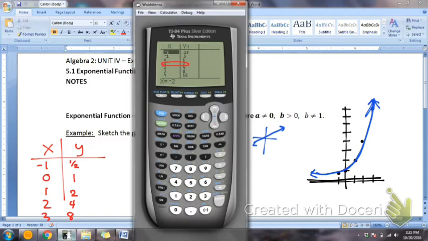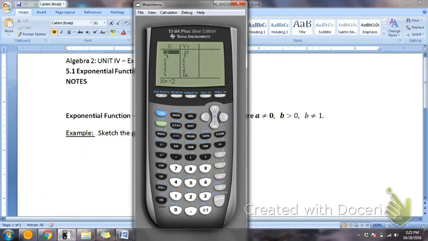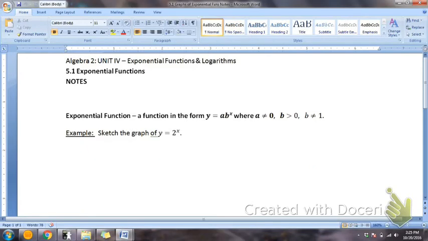Now, if the graph is going up like this, we would call this exponential growth. So what is the b value here on this problem? What was our b value? 2. So the rule is, if your b value, listen carefully, is greater than 1, the graph is going to be exponential growth.